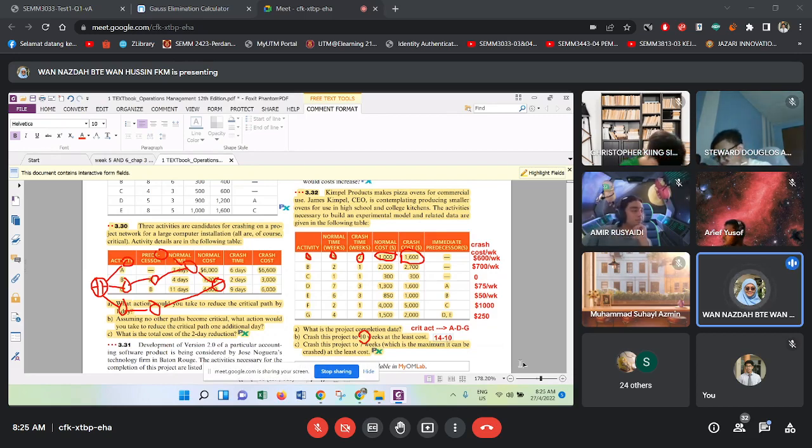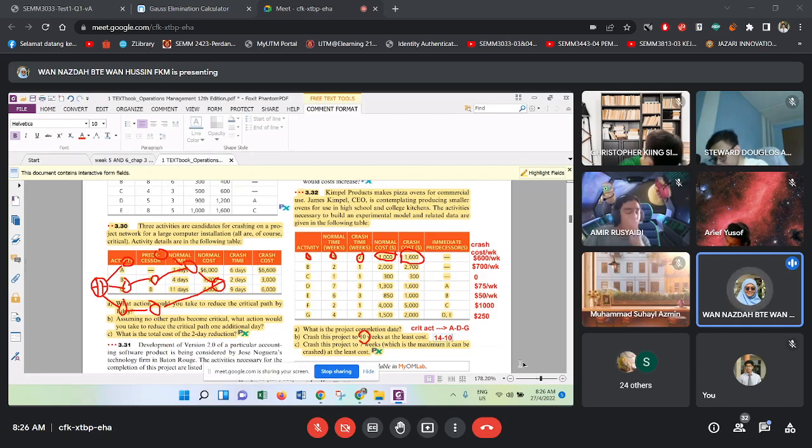Rule number one, write it down: if you want to crash an activity, you need to select the critical activities. Only select critical activities to do the crashing. That is rule number one.